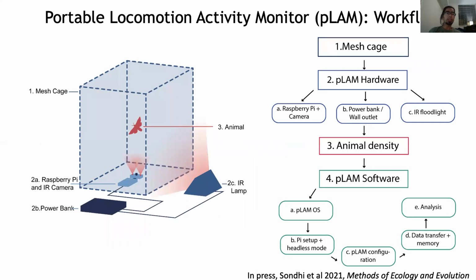So we used a Raspberry Pi, which is a small microcomputer, an infrared camera, and infrared lights to capture motion using an open source motion software. It's called Motion. And it captures motion by recording what's in its field of view all the time.